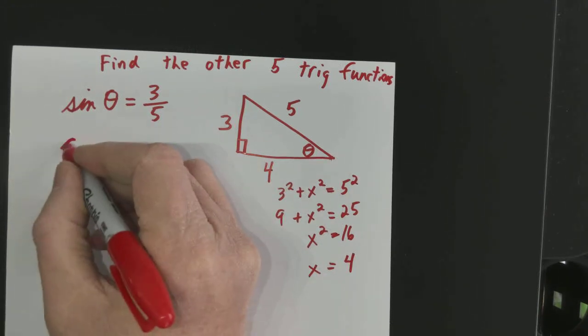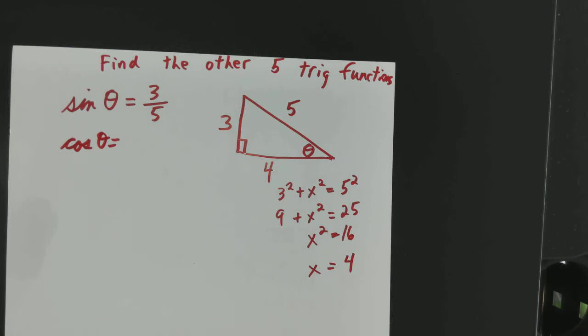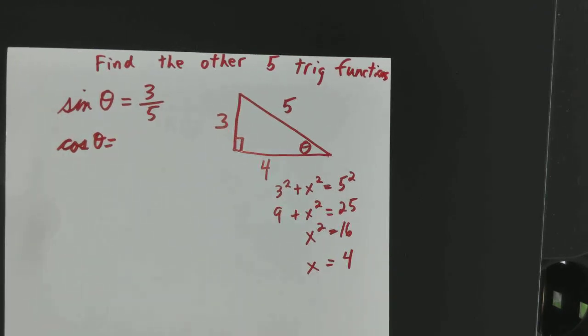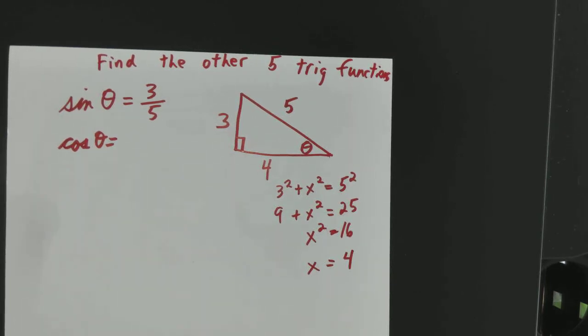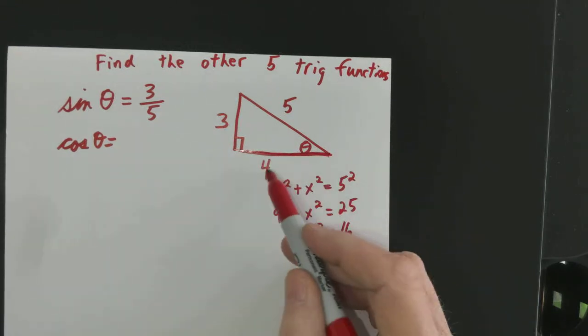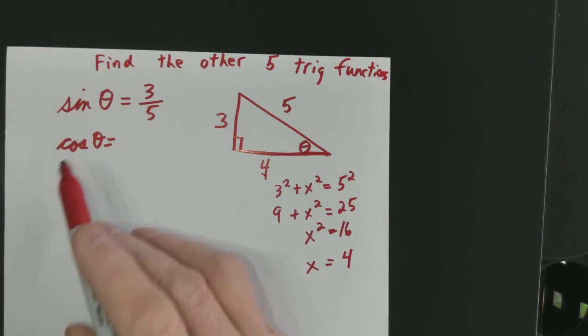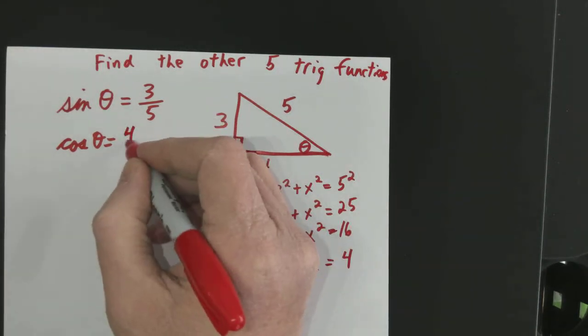All right, cosine of theta. What is it, Christina? Now that I interrupted you, but now that we've found that the adjacent side is 4, and I asked for cosine of theta. 4 over 5, very good.